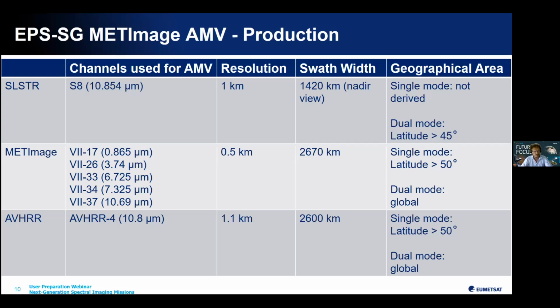The main benefit and advantage of METimage will be the extraction of AMVs in several channels, and especially in the water vapor channel at 6.7 and 7.3, which are a big request from user community. For the time being, only MODIS is going to extract water vapor winds over polar areas, and METimage is supposed to continue this capability after when MODIS will not work anymore.